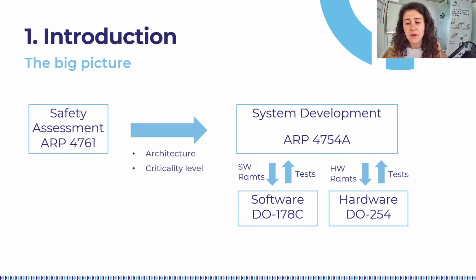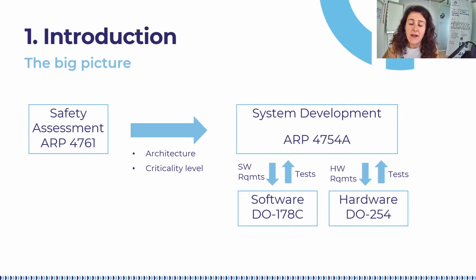Okay, the relationship between these rules is here. First, we have the safety assessment, the ARP4761. This guideline defines the safety documents that you need to develop to certify a civil aircraft. Then, to evaluate the architecture, the requirements, and the criticality level of this architecture, we have the system development, the ARP4754A.